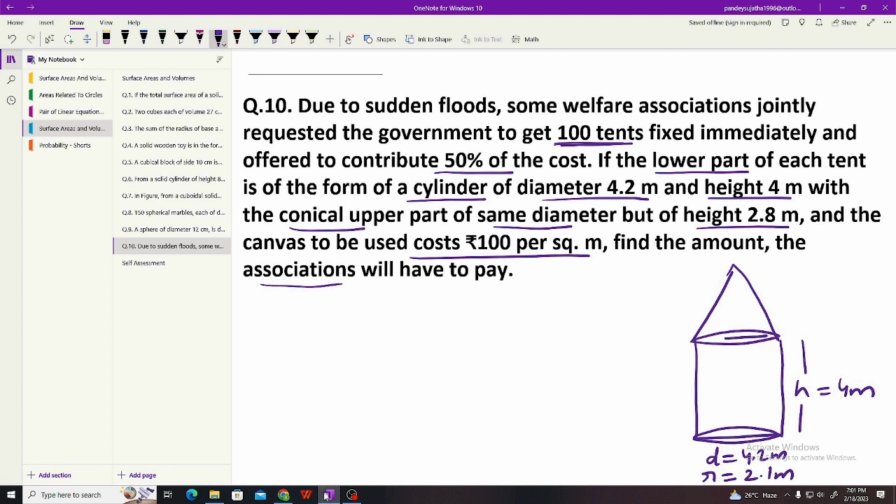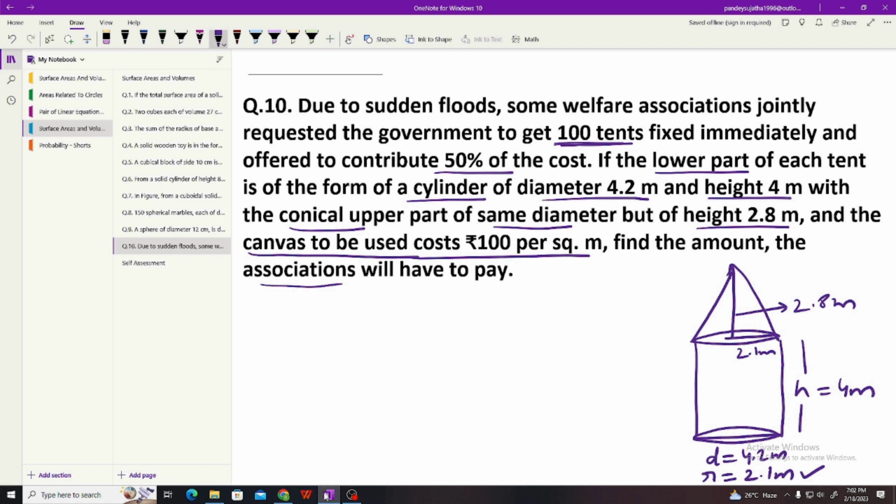The radius of the conical part of the tent will be the same as the radius of the cylindrical part, that is 2.1 meter. Height of the conical part of the tent is equal to 2.8 meter. So we need to find the cost of the canvas being used.